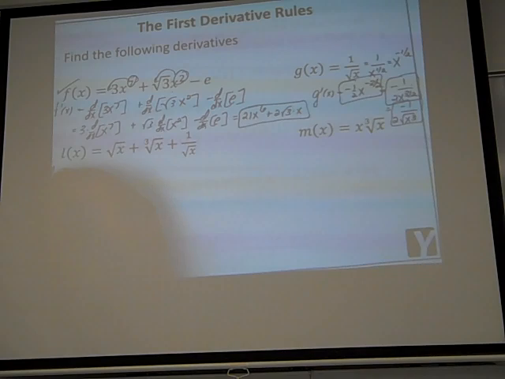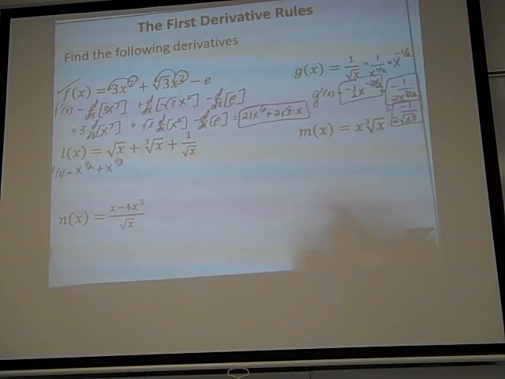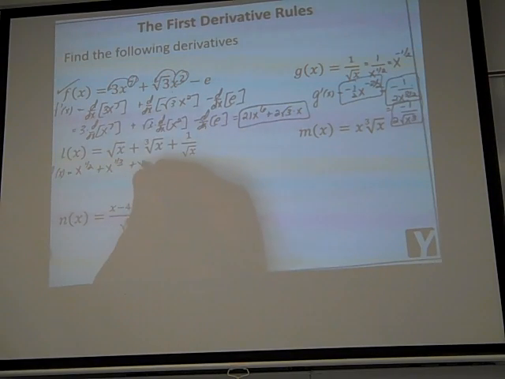All right, let's do L of x. Let's get this in derivative ready form. Square root of x we know is x to the 1/2. Cubed root of x is actually x to the 1/3. 1 over the square root of x is x to the negative 1/2. If I want to take a derivative, we're going to use the power rule 3 times. Bring the power down, reduce the power by 1.